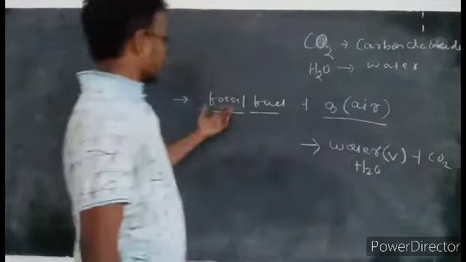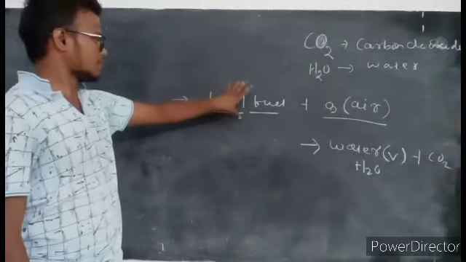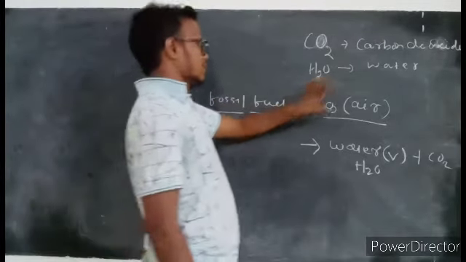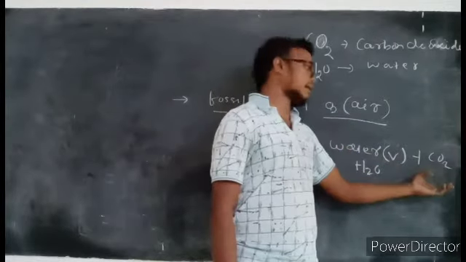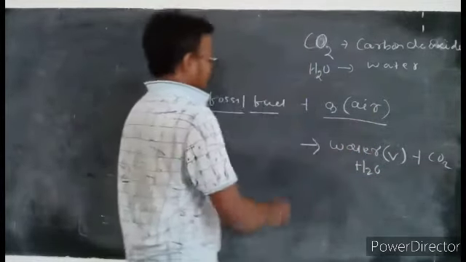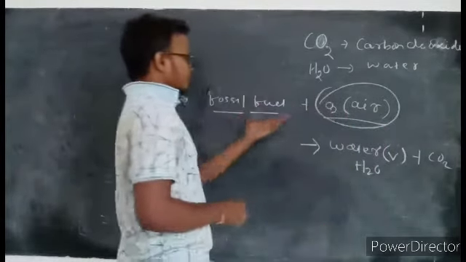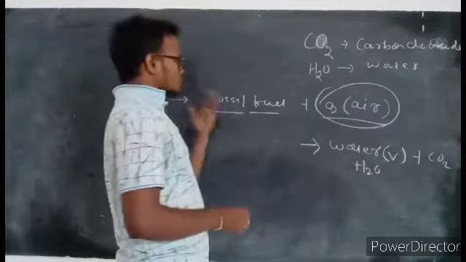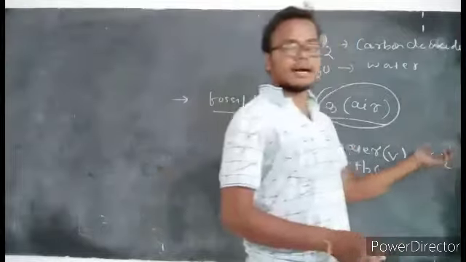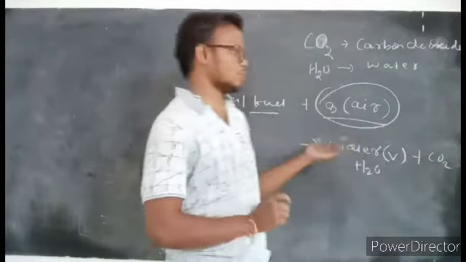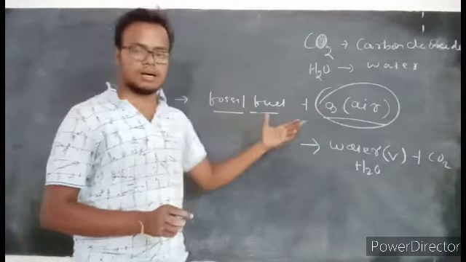So burning is a process where a fuel or fossil fuel reacts with air and produces water and carbon dioxide. When there is an insufficient amount of air, it still reacts and produces water and carbon monoxide, which we call incomplete combustion or incomplete burning.